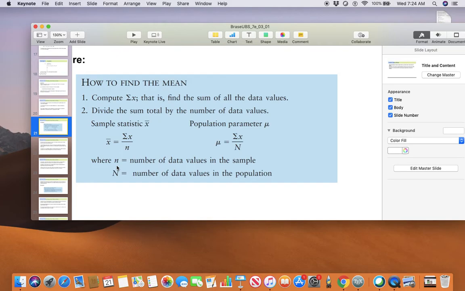Little n represents the number of data values in this sample. So if you are looking for the mean of a sample, you use little n and x bar. If you're looking for the mean of a population, it is capital N and mu. So they mean the same thing, except one is for a sample, the other is for the entire population.